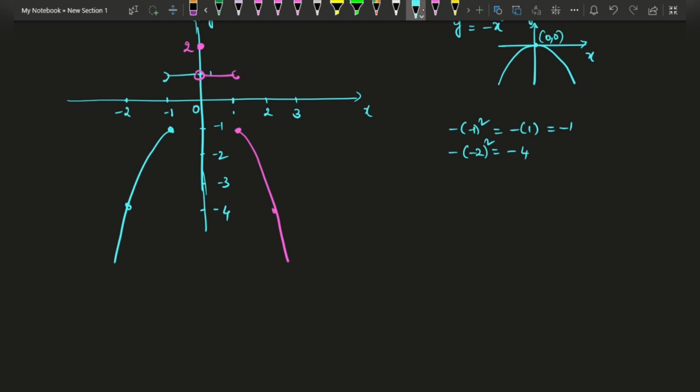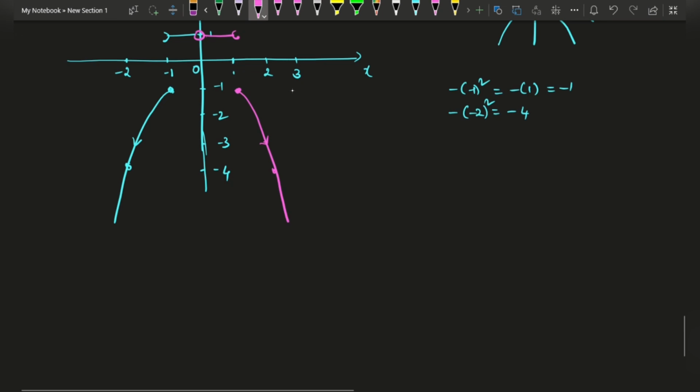So obviously, this graph is symmetric about y-axis. Since it is symmetric about y-axis, we can say that it is an even function. Since y is equal to f of x is symmetric about y-axis, then it is an even function.